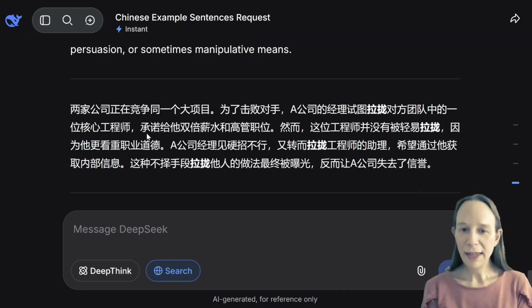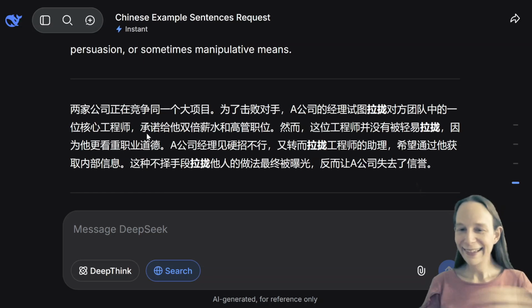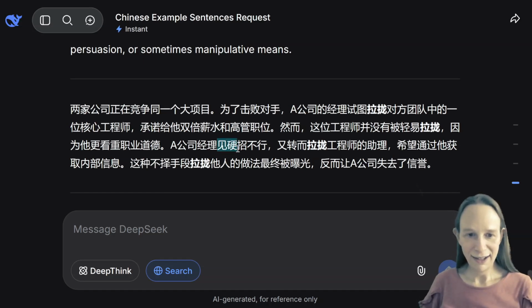然而，这位工程师并没有被轻易拉拢, so he's not easily dragged in. 因为他更看重职业道德. A 公司经理建议交不情.